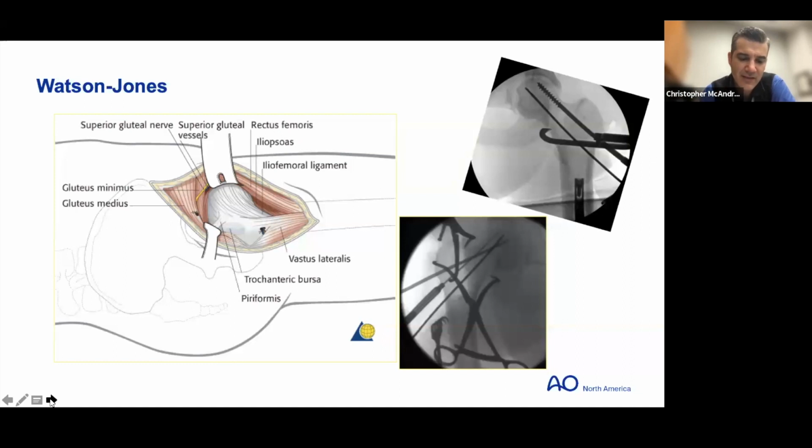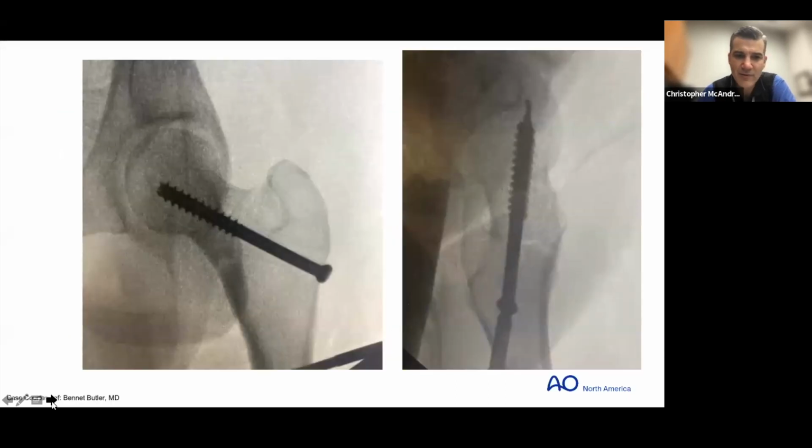But you're not quite as close to seeing the action and being able to load it. So you can get clamps pretty deep through this approach, but at least in my hands, you can't necessarily be as precise as you might in the anterior approach.